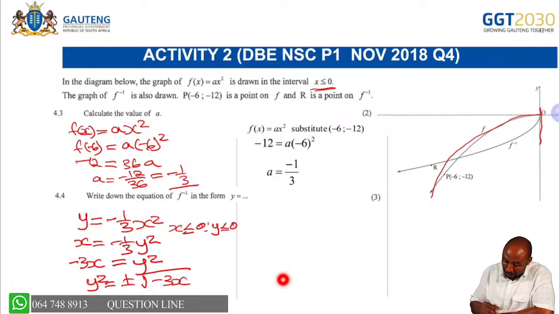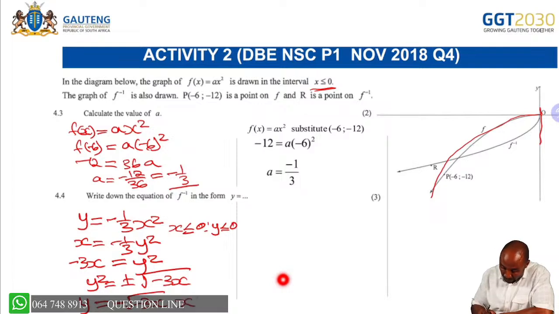Now, because of the restriction, our equation will be y is equal to the minus. The plus won't work for this quadrant, and we take the equation with negative 3x, and the restrictions have to be given there.